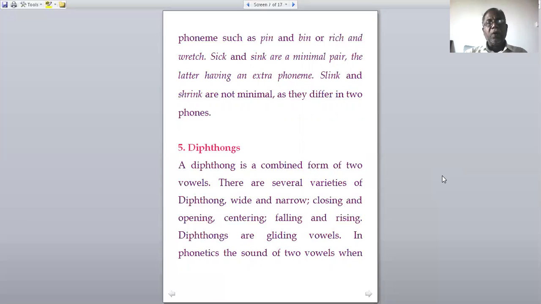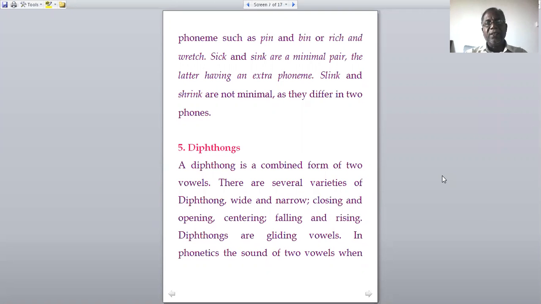And one more example, rich and wretch. See, the sound system varies slightly, whereas R-I-C-H, rich. What's the meaning of rich? Opposite to poor. If someone is possessing more money, more wealth, then we say rich. And W-R-E-T-C-H, wretch. Pin and bin, rich and wretch, sick and sink. Sick, you know, if you are not well, then we say sick.